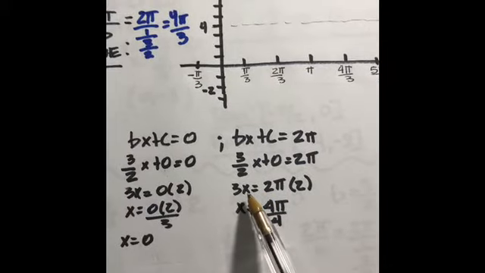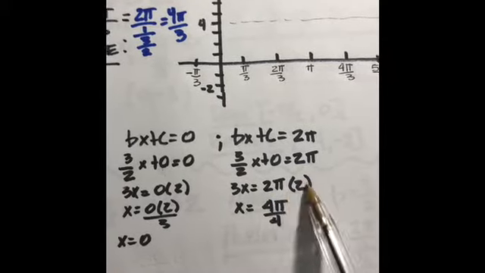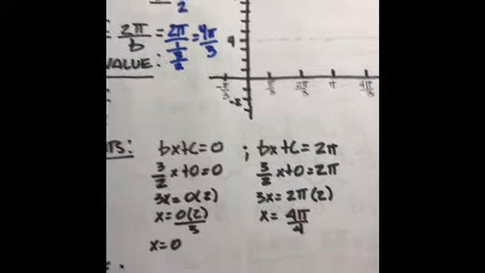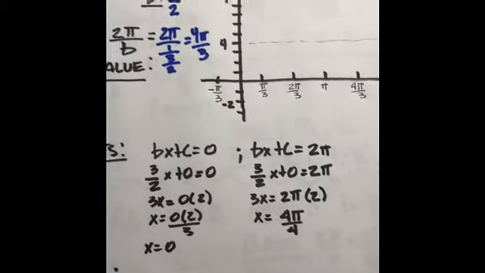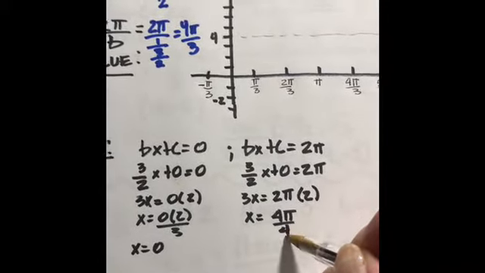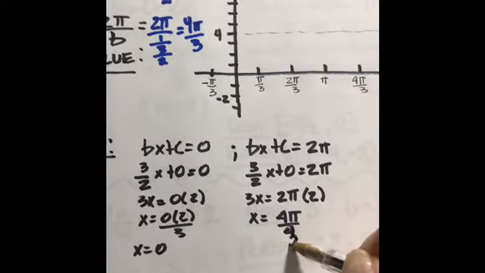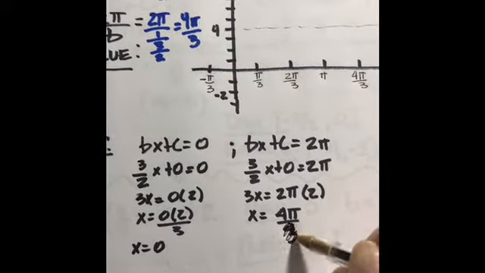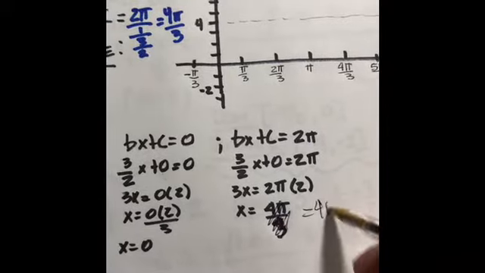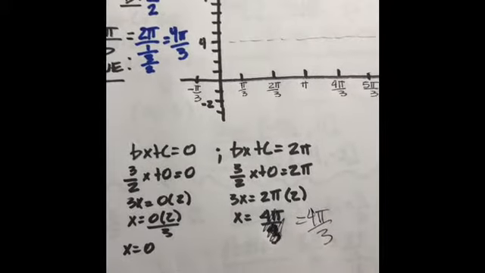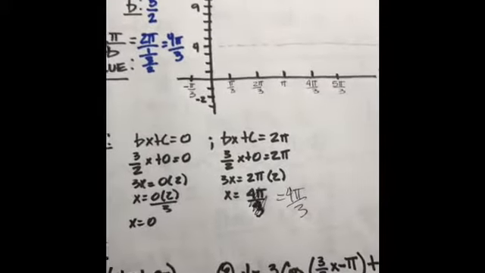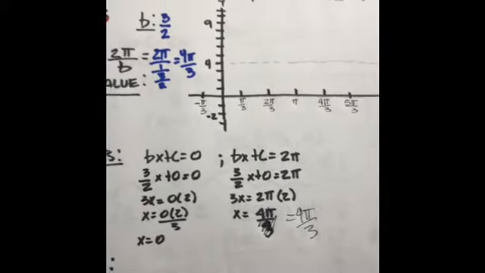I solve for x, passing the 2 multiplying, so it's 2 pi times 2, 4 pi, and the 3 will go dividing. Sorry, I wrote 4 here, but it's a 3. x is equal to 4 pi over 3 in this case. Okay, so those are my 2 x values of the endpoints.